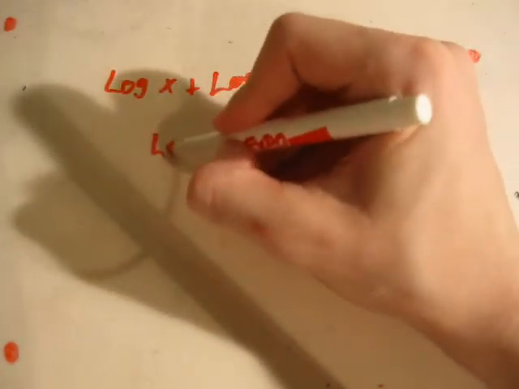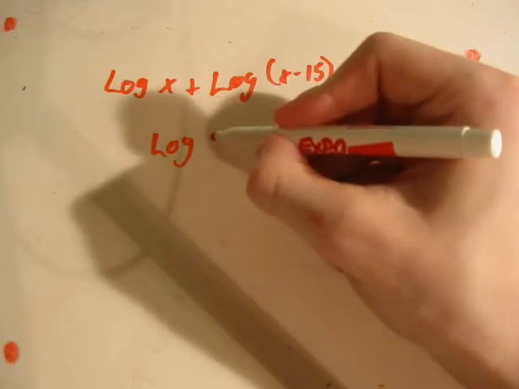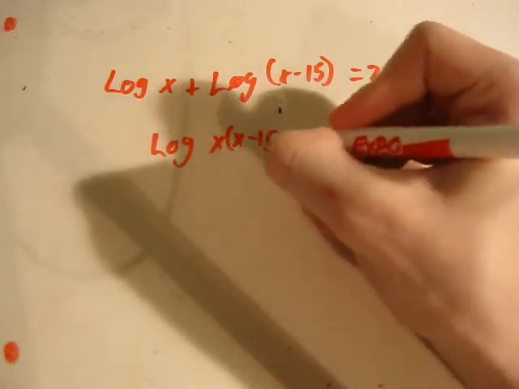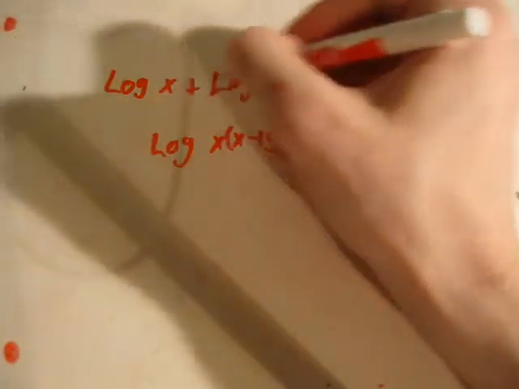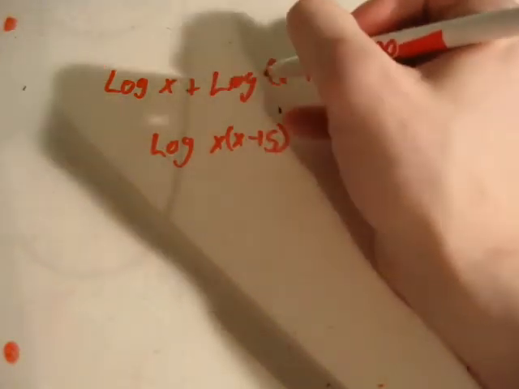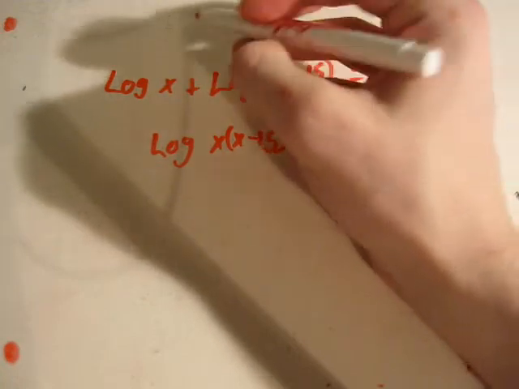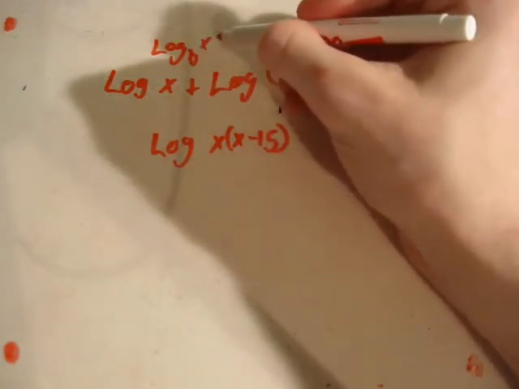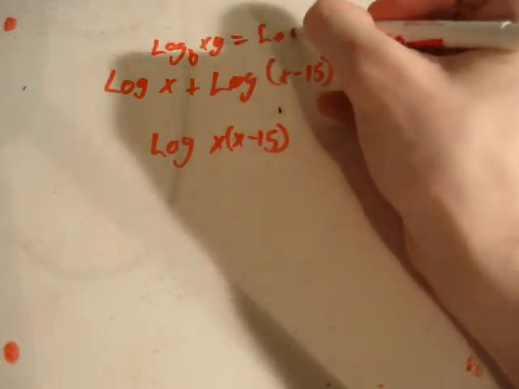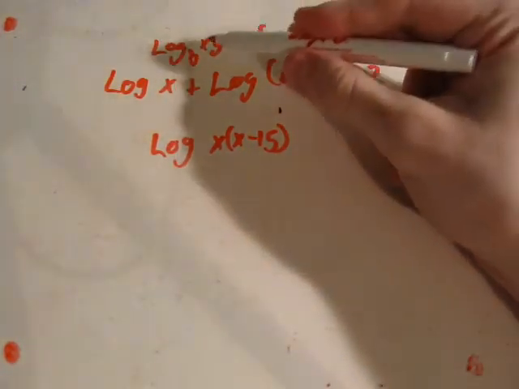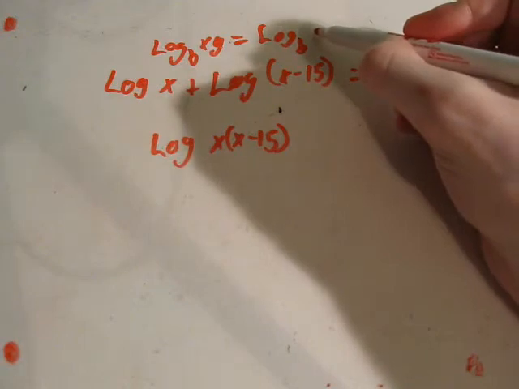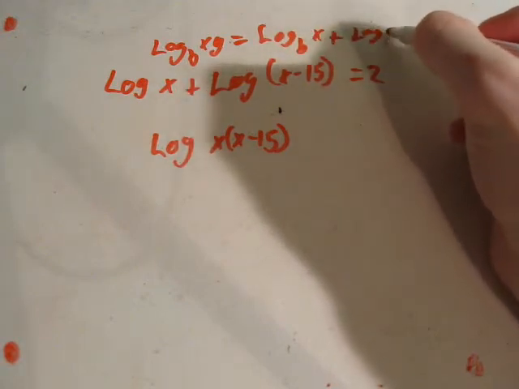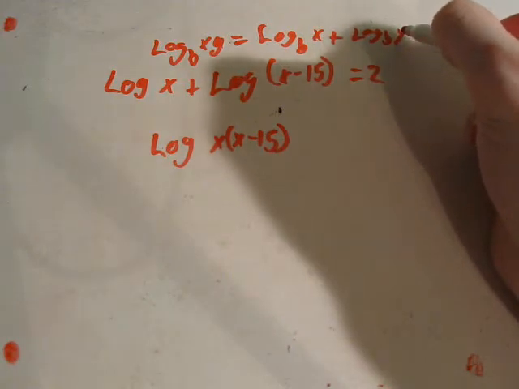So, this becomes log x times x minus 15, because if you've got a plus between these two logs of the same base, it's going to be log of xg, which is log base b of x plus log base b of g.